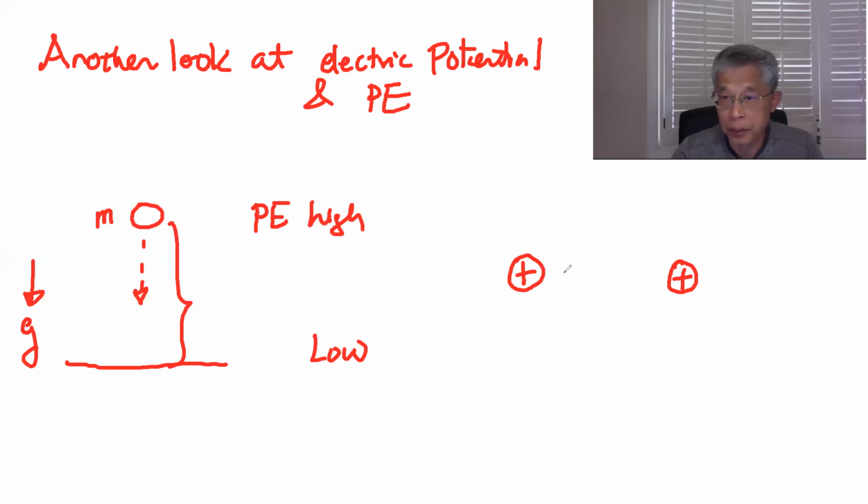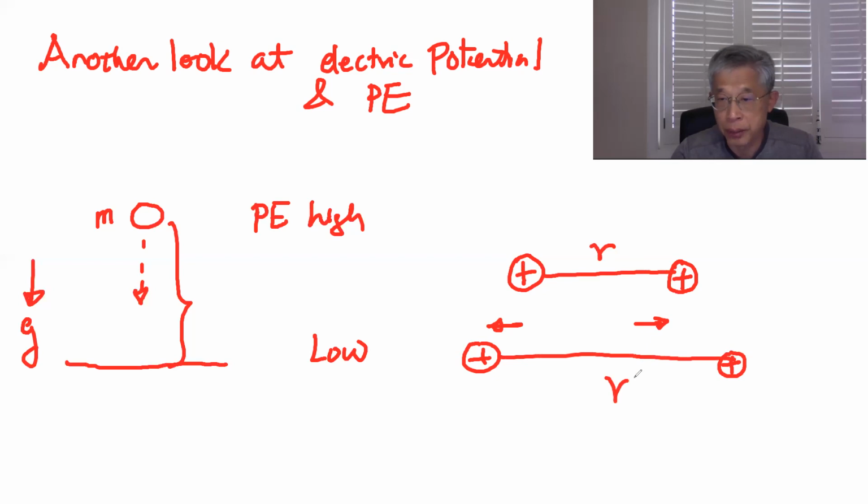If you put these two charges and don't secure them in any way, then the natural tendency is that they will repel each other and move away from each other. So what happened is your R has increased.